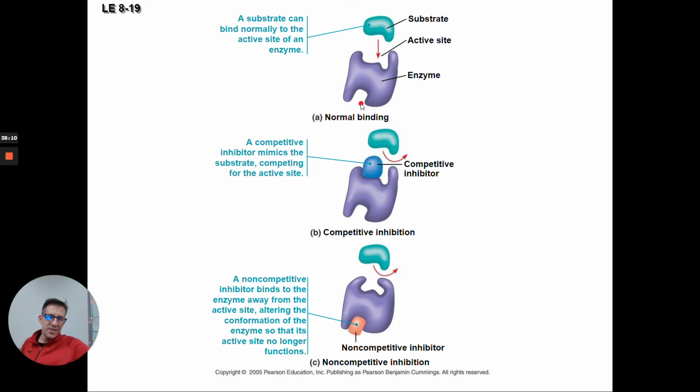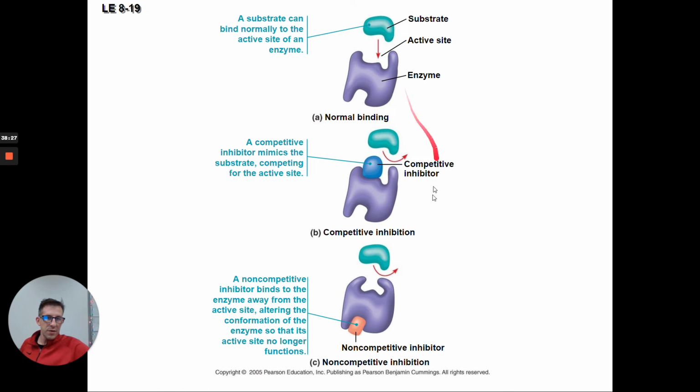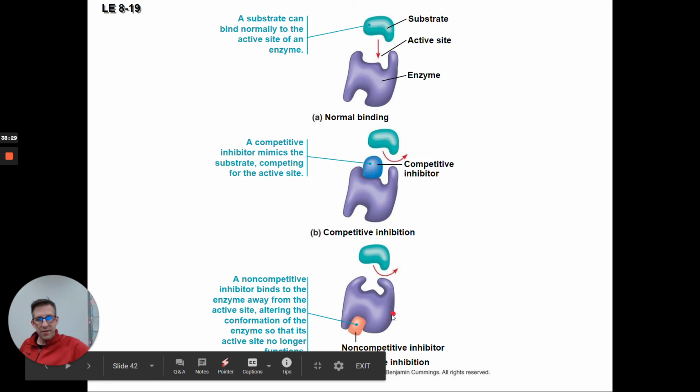And what we see is that the non-competitive inhibitor can actually bind to this spot on the enzyme. And when it does, for whatever reason, there's some kind of conformational change in the actual active site. These little horns that kind of stick up at the top normally and allow that substrate to enter, we see that when the non-competitive inhibitor binds, it will cause these horns to kind of close, almost like closing the gate.